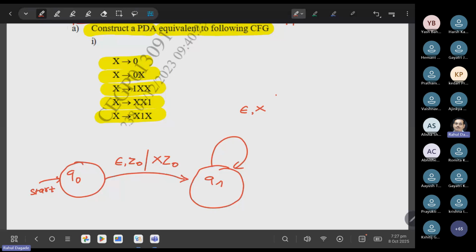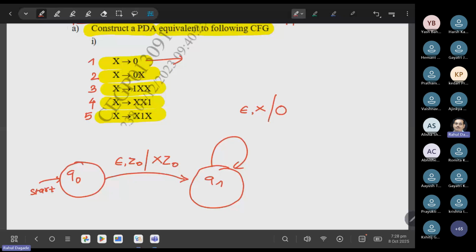So for X gives 0, that is for this production, 0 is pushed onto stack. Now this is the first production, second, third, fourth, fifth production. So this is for the first production.